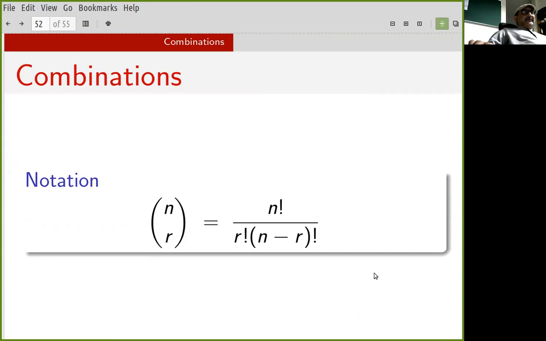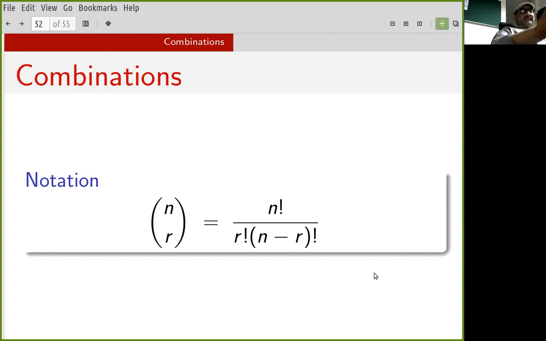So n choose r means, supposing that I've got n things and I'm going to choose r of them, what am I doing? I'm taking those n things and separating them into 2 cells. One cell will have r, and the other cell will have n minus r. And I'm not considering the ordering in either of the 2 cells, neither the r objects that I've chosen, nor the n minus r that I've left behind.